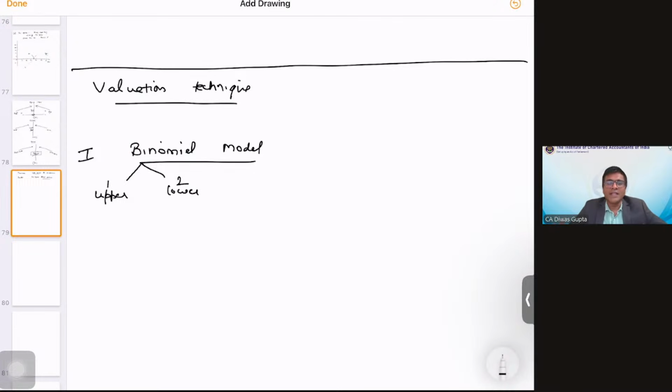We say binary digits, or there is a bi-monthly meeting. So only two options are there. One, we assume the upper, higher price, and second, we assume the lower price. There are only two possibilities.